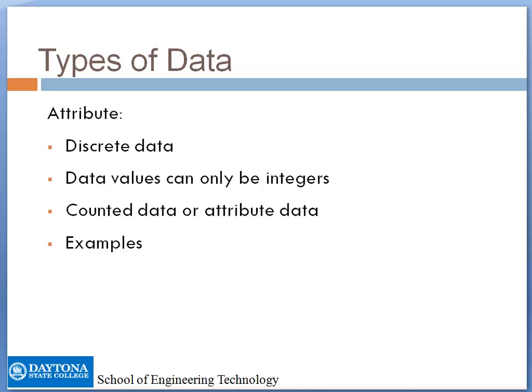Now, the data is classified as either variables or attributes. Attributes are those quality characteristics that are classified as either conforming or not conforming to specifications. This is what we call discrete data. These are data values that can only be integers. It's also what we call counted data or attribute data.